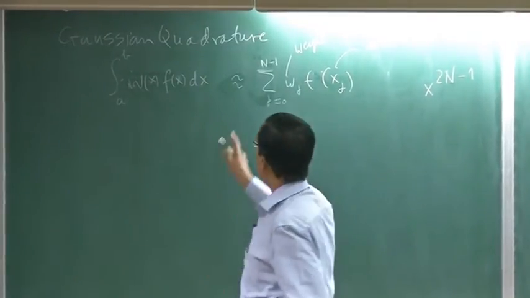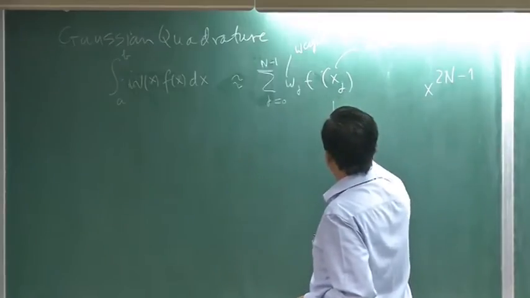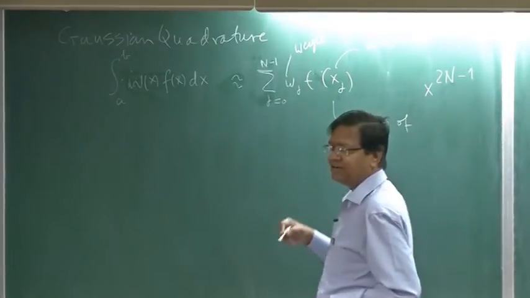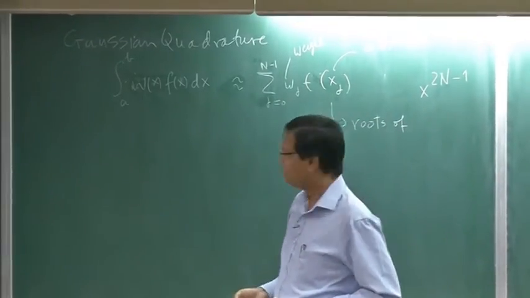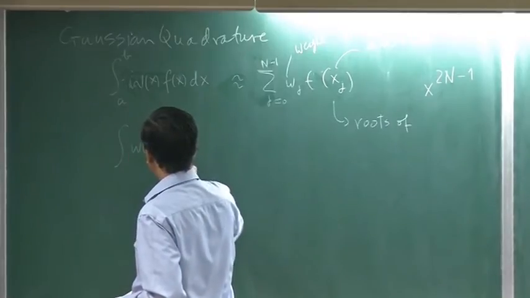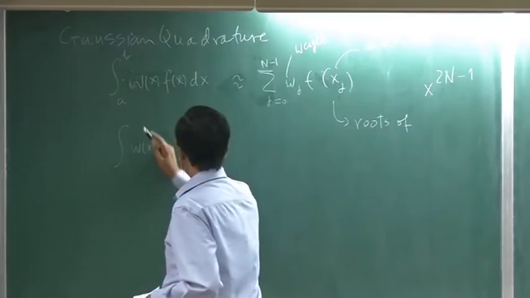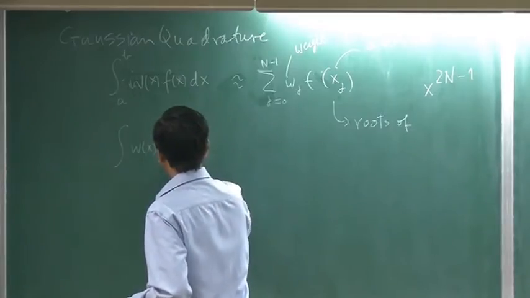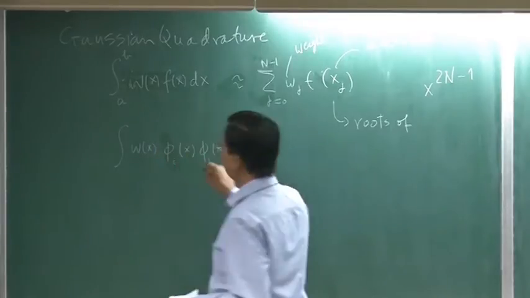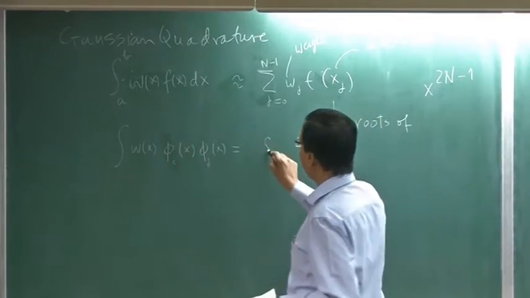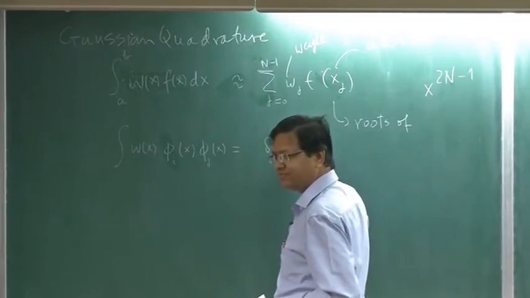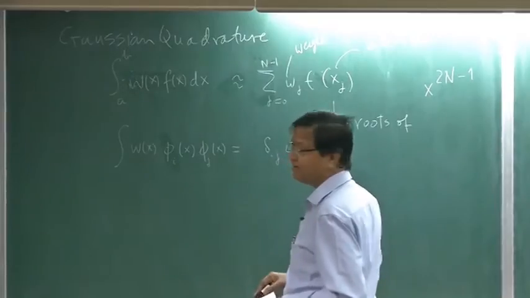What are the x_j's? The x_j's are the roots of which polynomial? I expand in terms of polynomials, and the polynomials follow this property: the integral of phi_i(x) phi_j(x) w(x) is delta_ij, and there could be a factor here; it need not be 1.